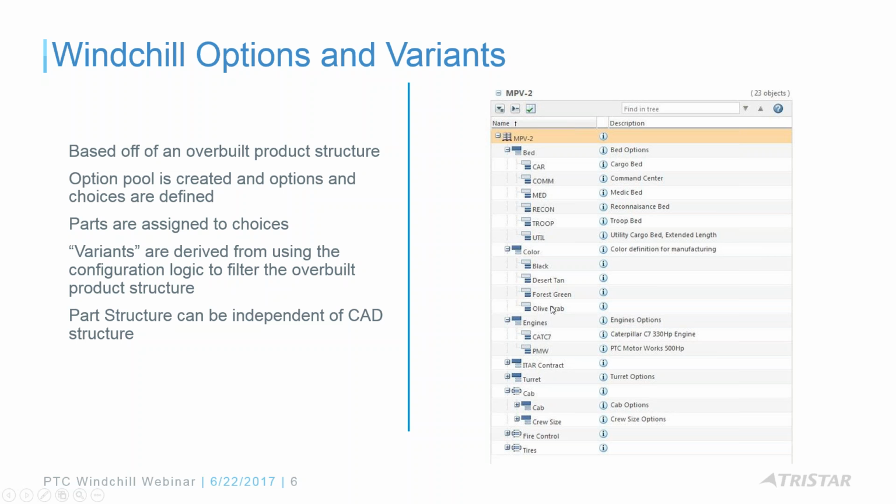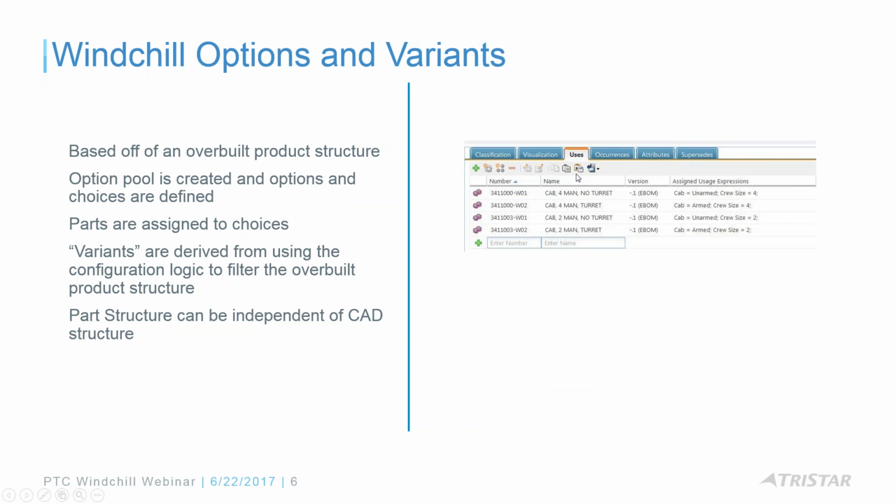And if that color does not go together with another style of a part or another component, then there are rules that I can define in Windchill that will prevent those other choices from being selected if I select another previous choice.